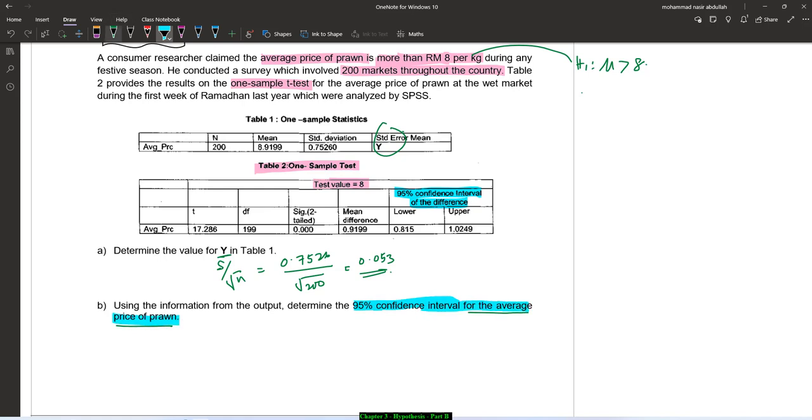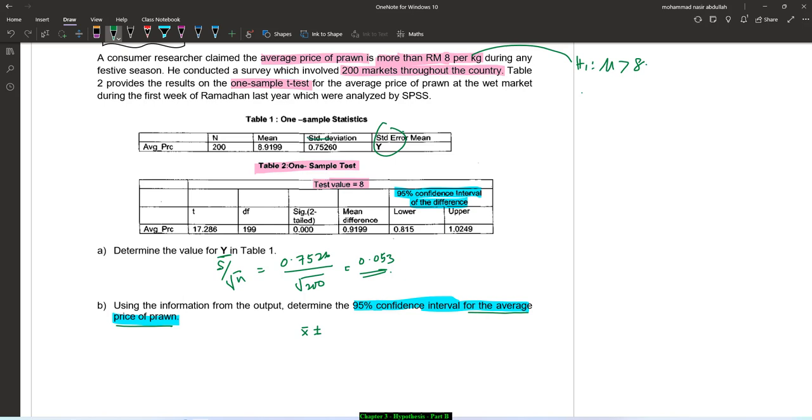So the average price should be x bar plus minus, right? So do we want to use Z distribution or T distribution here? Nurain Shuhada, do you want to use Z distribution or T distribution? Z distribution, because the standard deviation is known? They did not give the standard deviation.